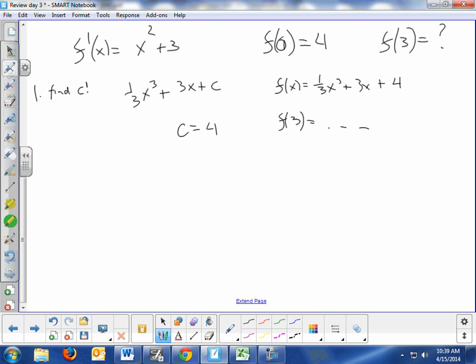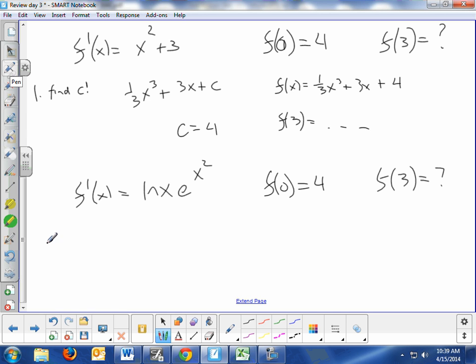just by plugging in. So that's one way that just makes sense. I can find the antiderivative function. However, if I had a situation where I have f prime equal to, say, log x times e to the x squared, and f of 0 is equal to 4, what's f of 3? I can't take the antiderivative of this, so I can't use this find c method.